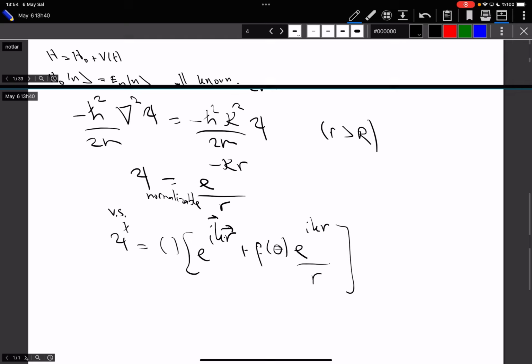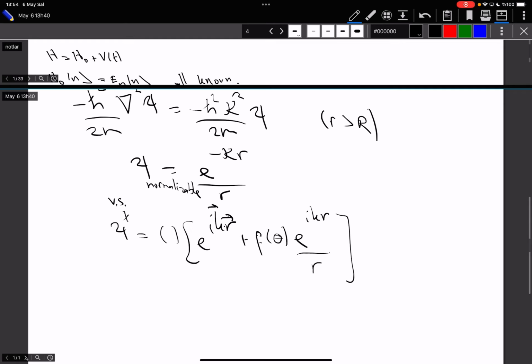They will be identical if I make the identification that k is equal to i times kappa, and f of theta diverges. Remember f, let me write it in this form, f of k prime, k.